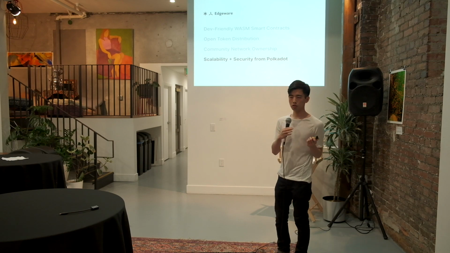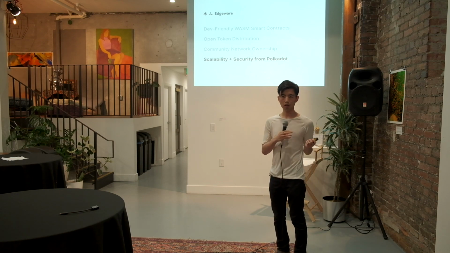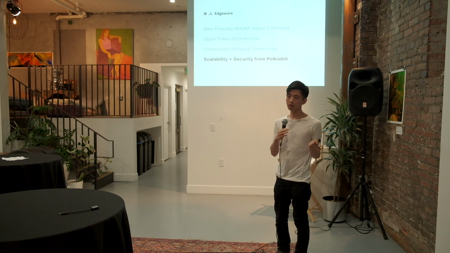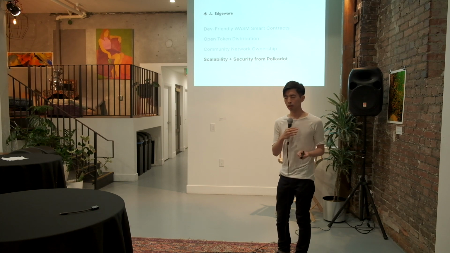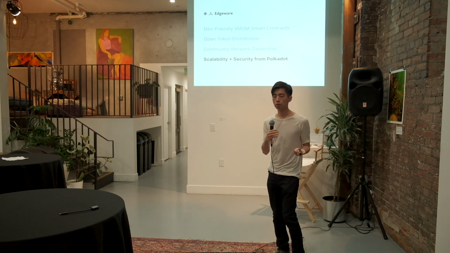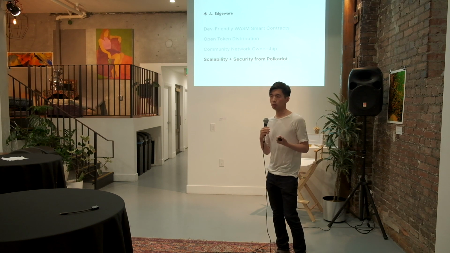So the intention is for Edgeware holders to vote around that change, and supposing that everything goes as expected, which we think will happen since most people who are locking up in Edgeware have pretty much aligned with this general roadmap, Edgeware will become part of the Polkadot network. For the first year or two, Edgeware will be one of the first chains in the network, and there won't be meaningful costs.